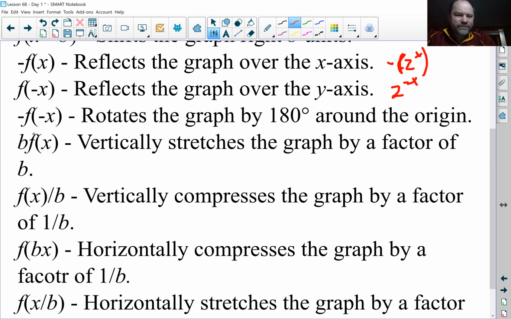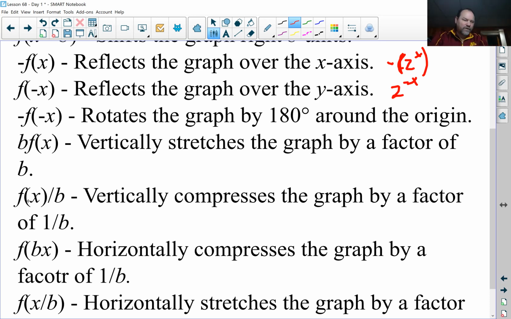A number times our function is going to stretch our graph vertically. If we divide our function by a value or multiply by 1 over a value, that compresses our graph vertically.